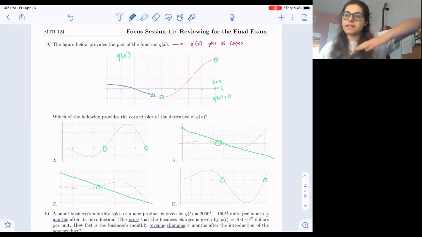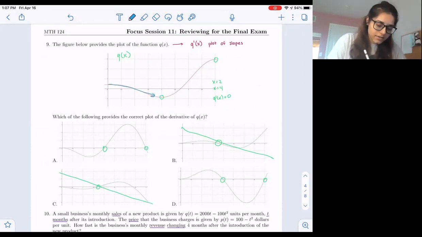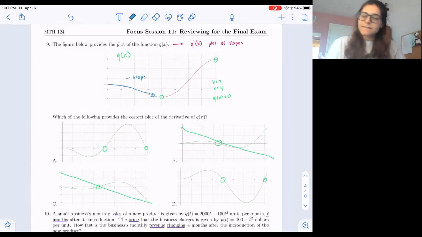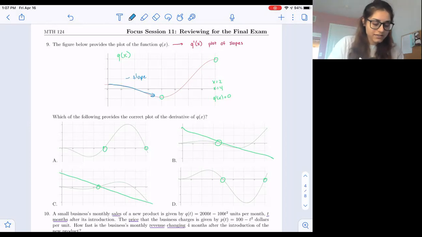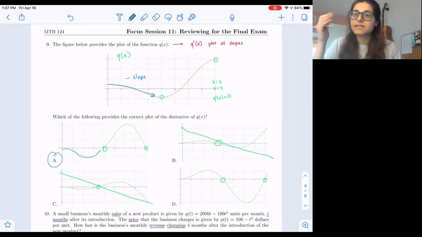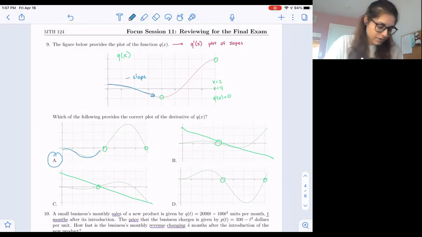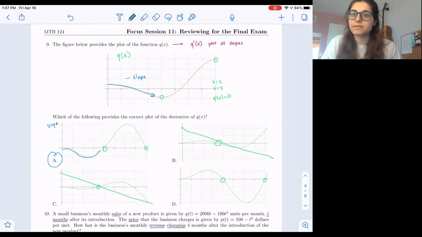Our slope is going downwards, so this is a negative slope. So just based off that alone, our graph has to be A, because this is where it's below the x-axis, it's negative. Remember, our y-axis is kind of like slope here. If it's below the x-axis, below 0, that's where it's negative.